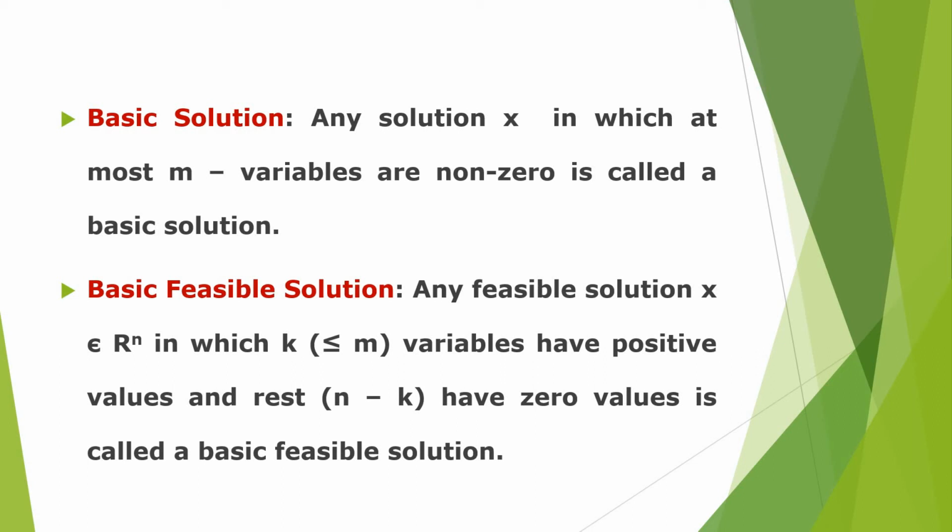Once again, we had n decision variables out of which m variables were taken to be non-zero, which was a basic solution. So obviously the remaining n minus k variables will take value 0, and such a solution is known as a basic feasible solution.